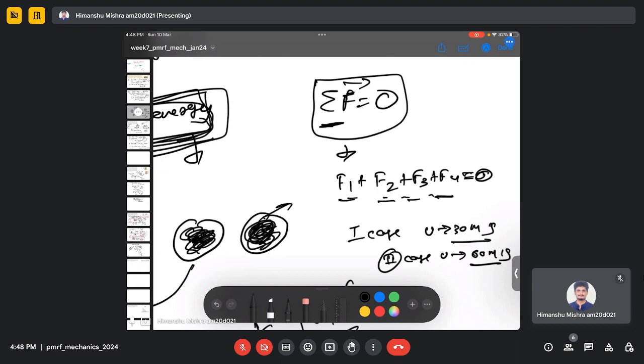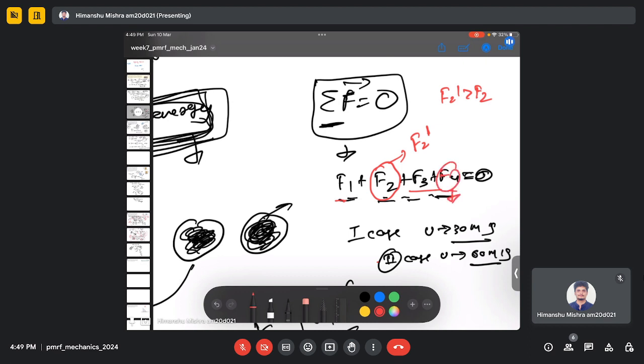Let's say one of my forces, F2, is now F2 dash, and F2 dash is greater than F2. One of the forces, F2, increased in the second case. And since the force is balanced, any other force, like F1 or F3, let's say F1, actually decreases.